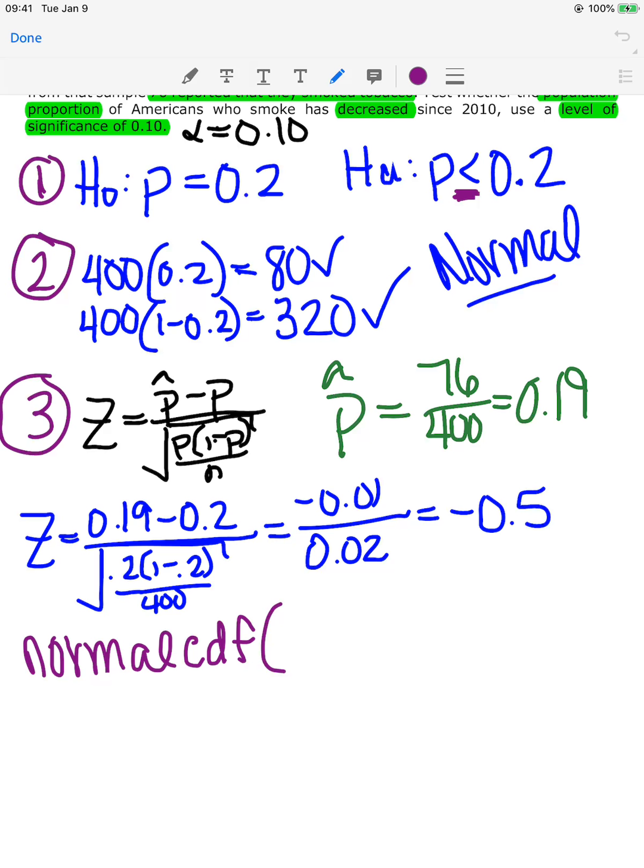So a less than question, we start with negative 1 million, which remember represents negative infinity. We're going to finish with negative 0.5, and then we have 0 and 1 because we've calculated a z-score.